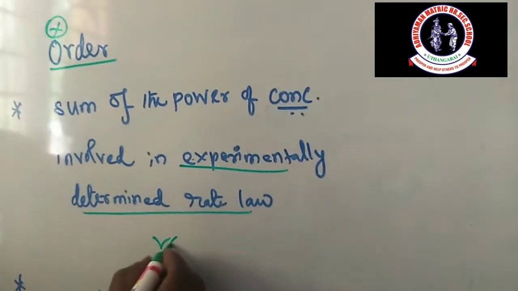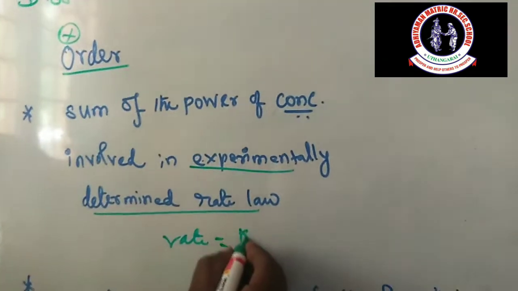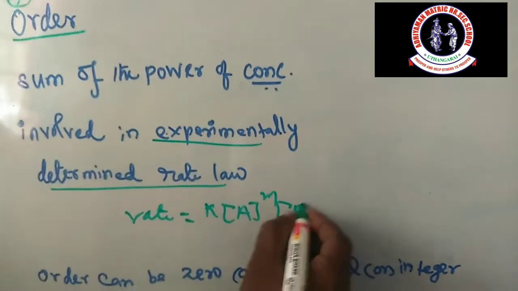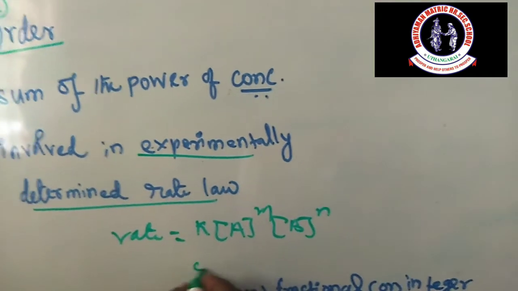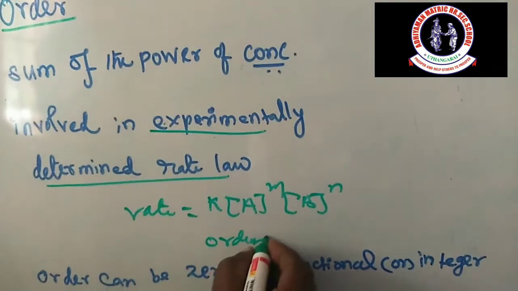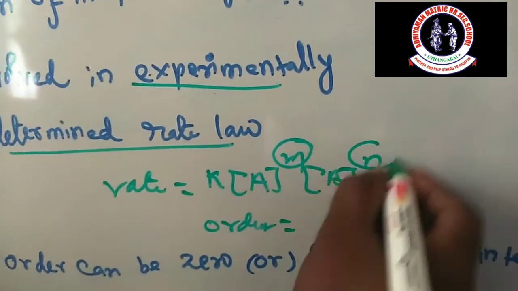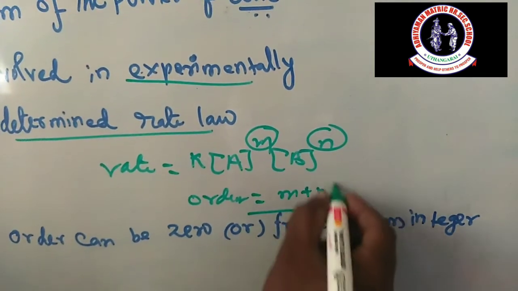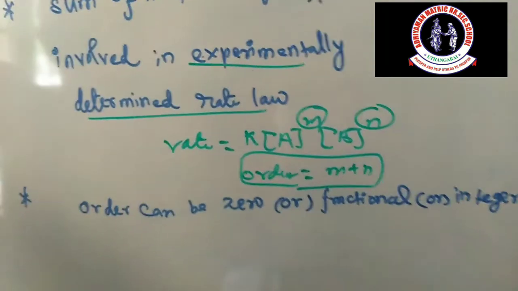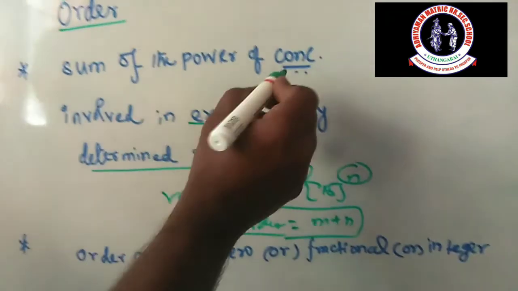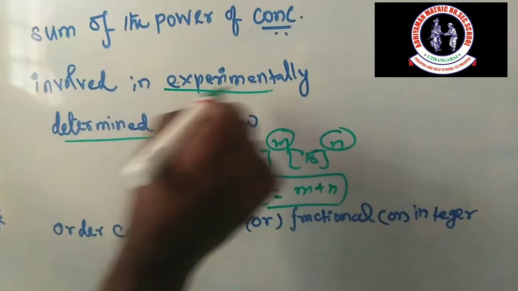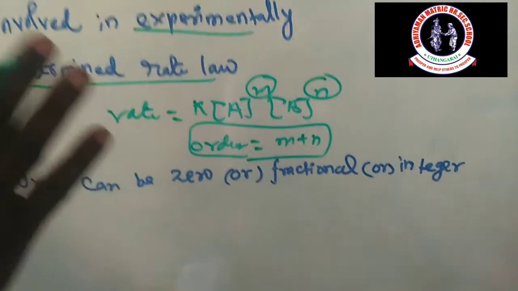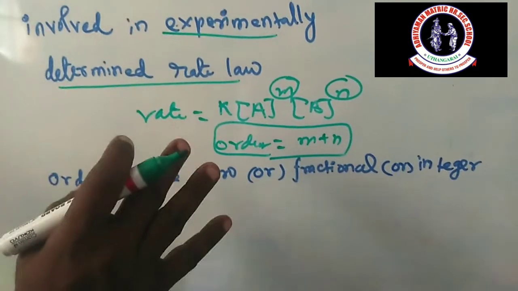For example, rate is equal to K into A power M and B power N. Here order is equal to the sum of the powers of the concentrations of the reactants, so M plus N, that is the order. Order can be determined experimentally only.